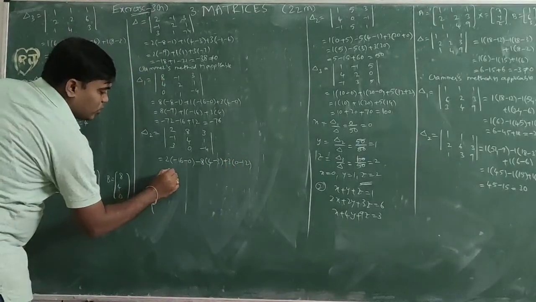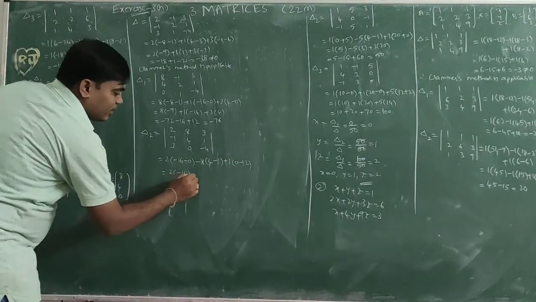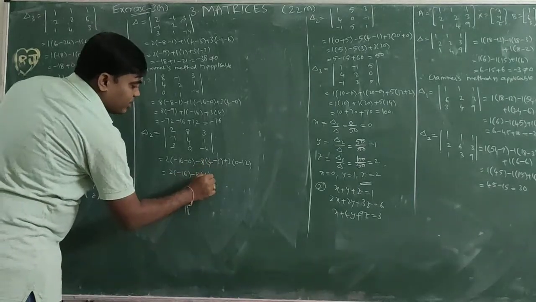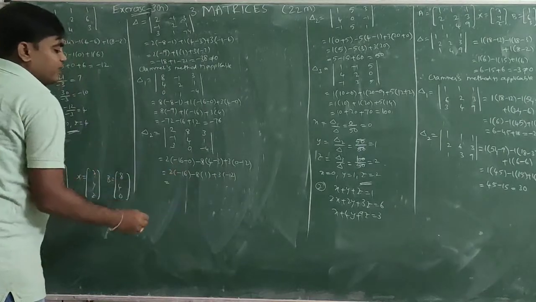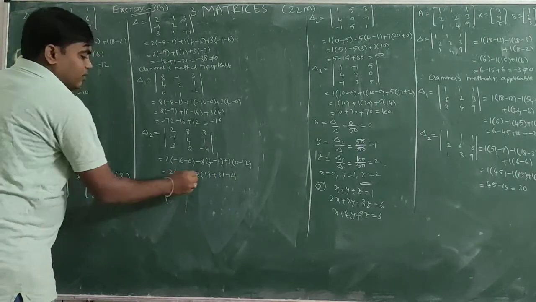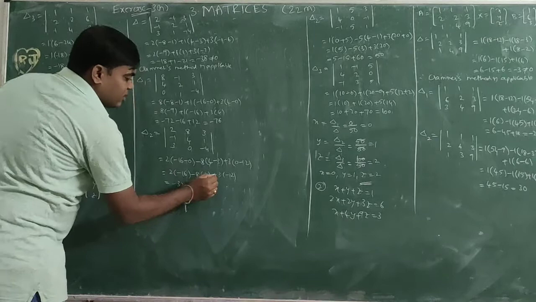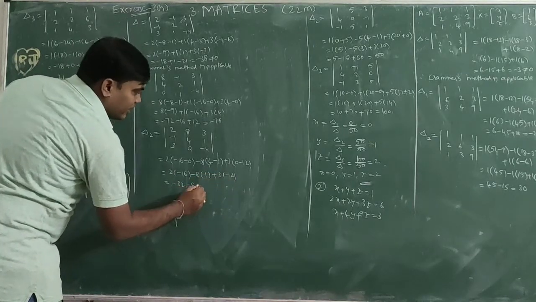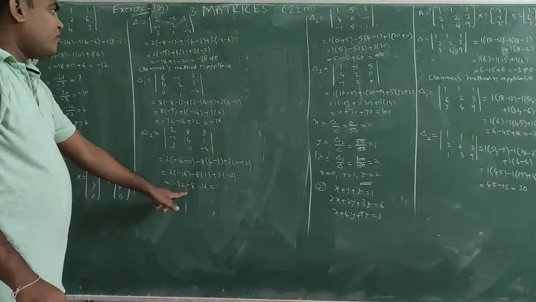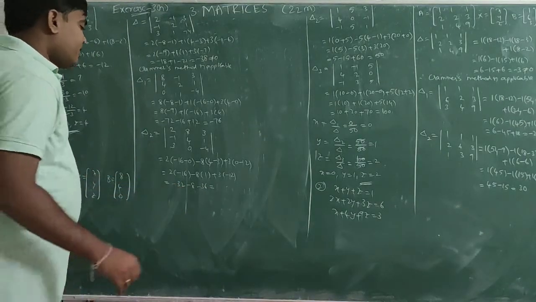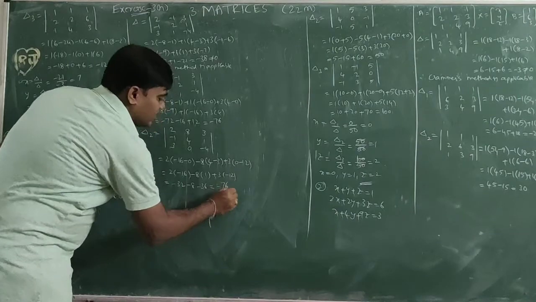Next 2 of minus 16, minus 8 of 1, plus 3 of minus 12. So 2 into minus 16, minus 32, minus 8 into 1, minus 8, 3 into 12, 36, minus 36. Okay, minus 32 minus 8, minus 40, minus 40 minus 36, minus 76.